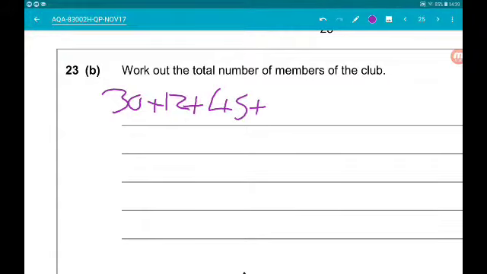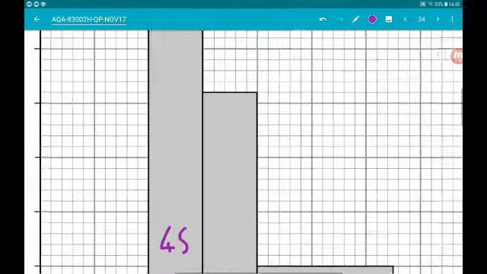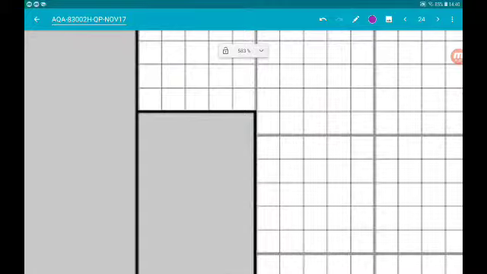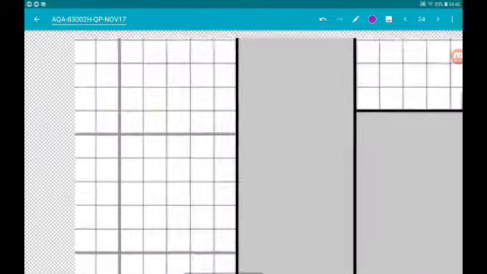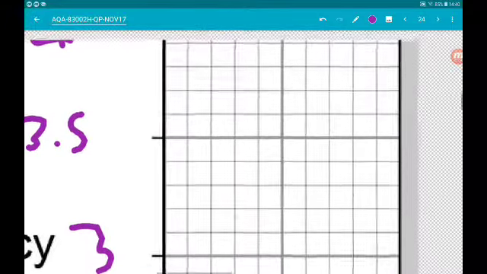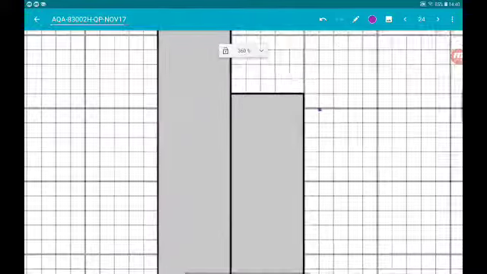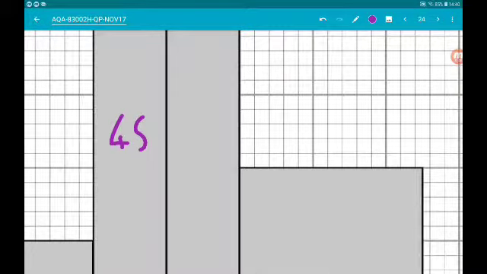And then in the next one, again the interval is 10. Our density is going to be one little square above 3.5, so 3.6, so that's going to be 36.